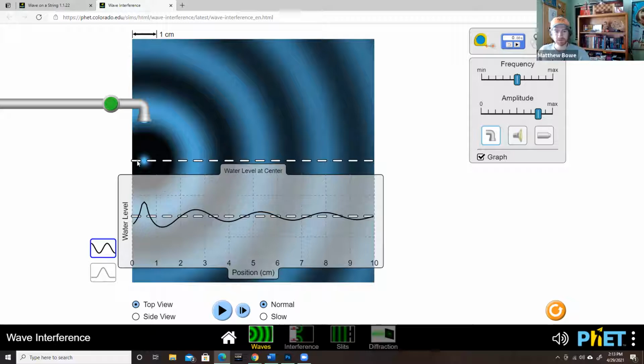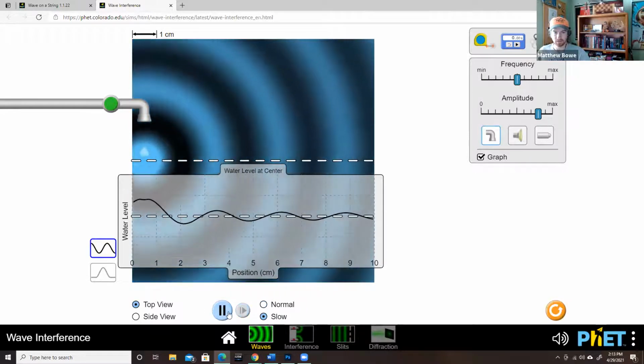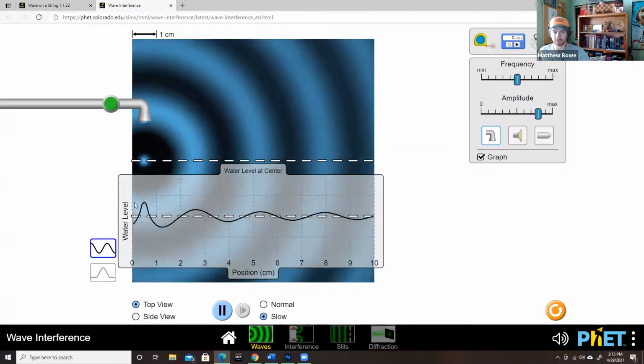So this dotted line represents where we're looking. And this wavy line right here, that's now the side view of this pool of water. So let me step through it a little at a time. And actually, let me put on slow so we can watch it move a little bit.